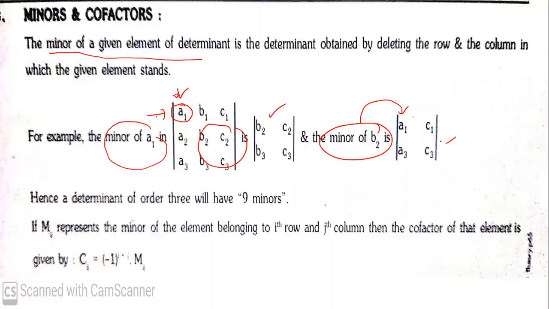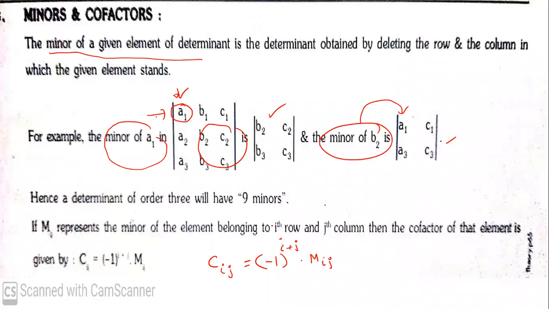In each 3 by 3 determinant, how many elements are there, dear students? There are 9, so we can get 9 minors. So we can get each corresponding cofactor based on these 9 elements. I told you yesterday, what is the formula for Cij? That is minus 1 power i plus j into Mij.